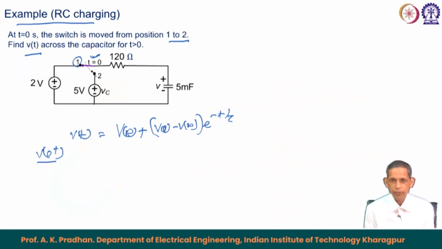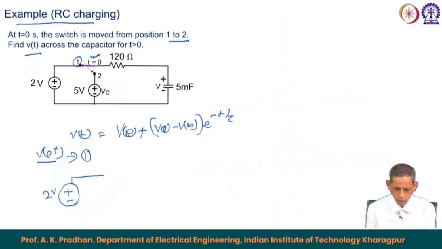So, this is from the switch position 1. For switch position 1, the source is plus minus 2 volt, and switch 1 is closed like this. This is 120 ohm, and this is your capacitor, 5 millifarad.